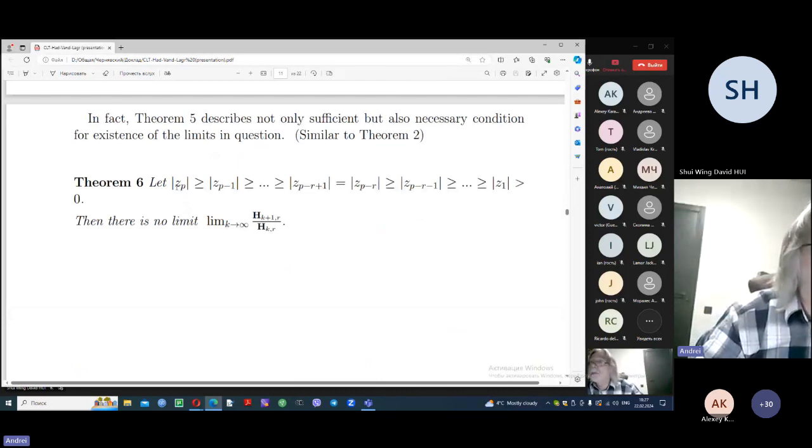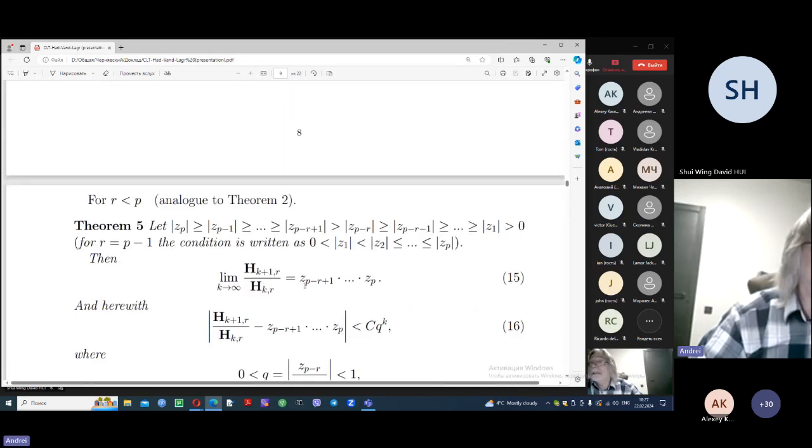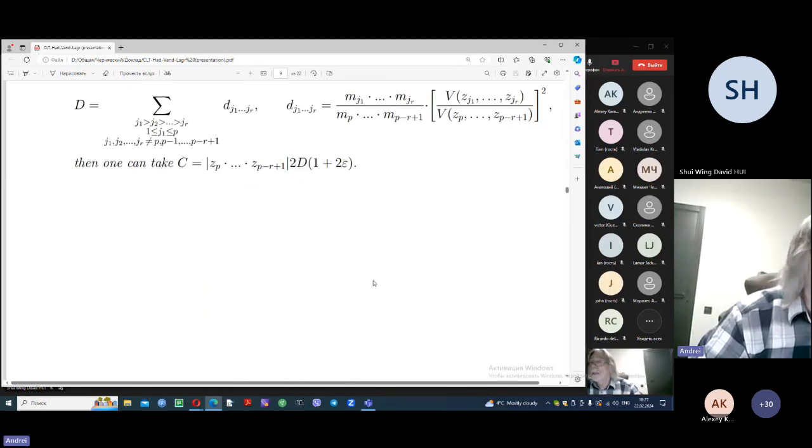If again we order the roots of a polynomial in decreasing order, and once there are two roots that are equal in modulus, then the corresponding limit doesn't exist. Again, once they're not equal, the limit does exist, and it is namely the product. Once they're equal in modulus, this limit doesn't exist.